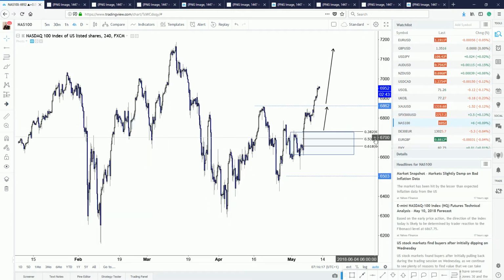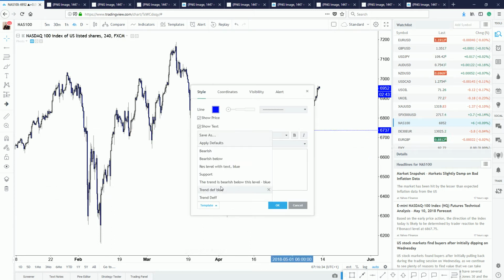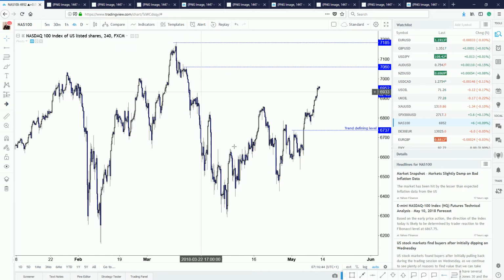Here's the Nasdaq. It took out the high here, and I think we can head to the upside. I'm going to work with this high and this low as trend-defining levels, and I suspect we could head higher. 7,600, 7,060, 7,185.